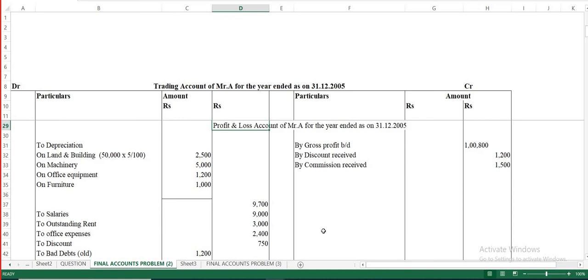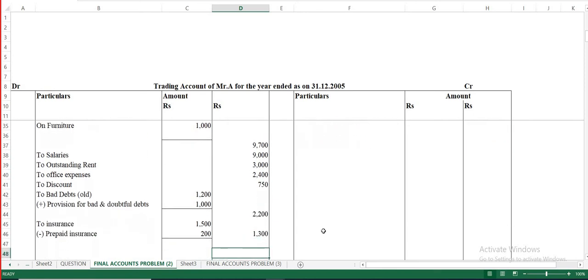If you see the credit side, 1,08,000 plus 1,200 plus 1,500, I am getting 1,03,500 on the credit side. You just find out.